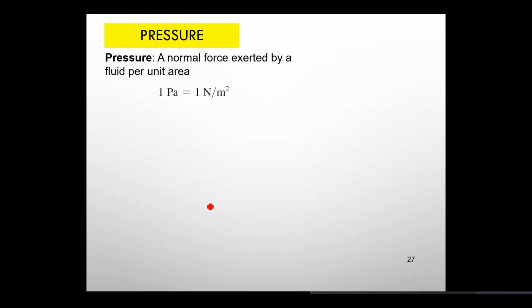But these terms, bar, PSI, pascals, Newton per meter square, are the commonly used terms, and you should be aware of the conversions between them. All right.